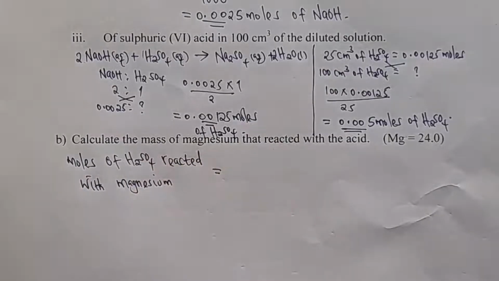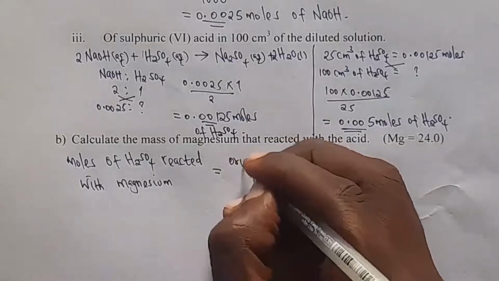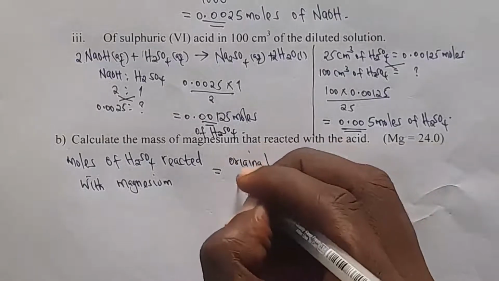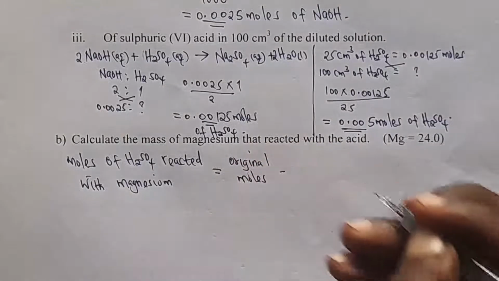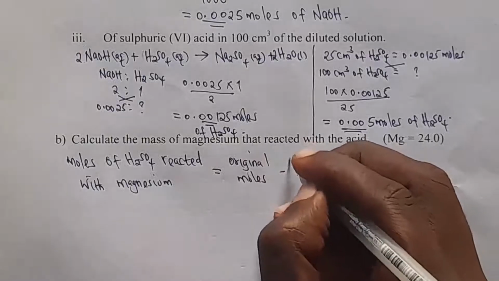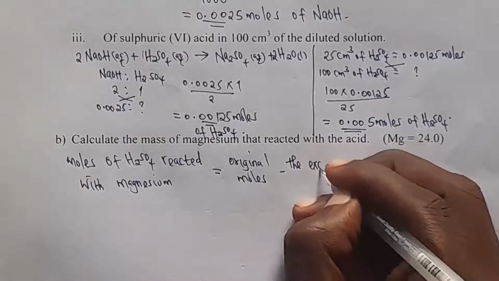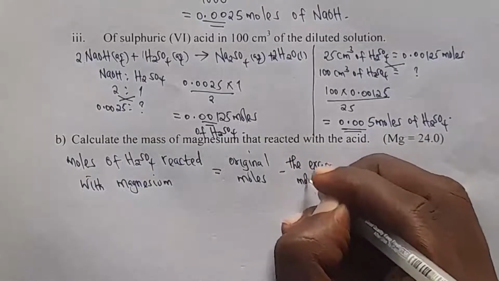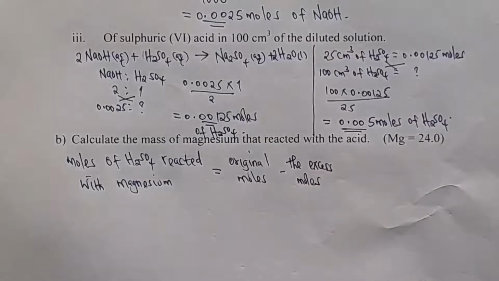How are we going to get that? By having original moles of sulfuric acid, then subtracted by the excess moles of sulfuric acid.